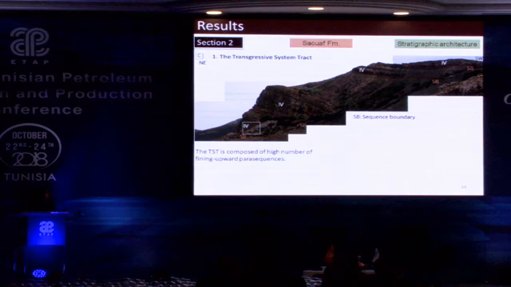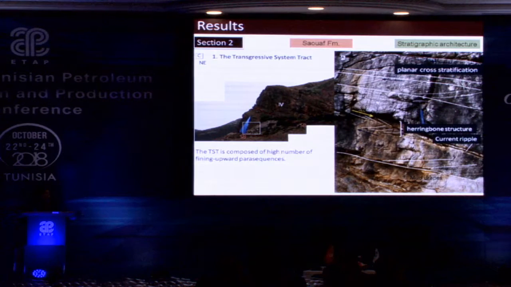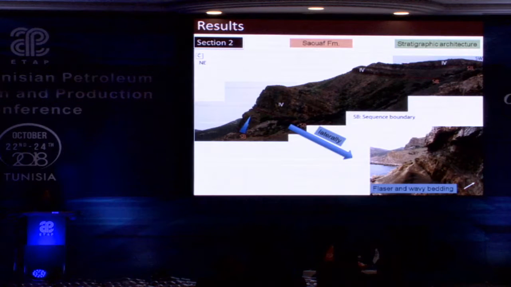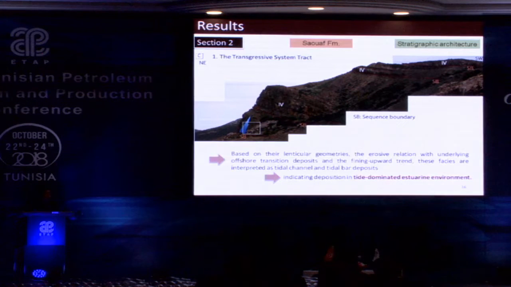The transgressive system tract is composed of a high number of fining-upward parasequences and is made mainly of fine to medium sandstones with planar cross-stratification, herringbone structures, current ripples, and mud drapes. Laterally, we can also see different sedimentary structures like flaser and wavy bedding and wave ripples.